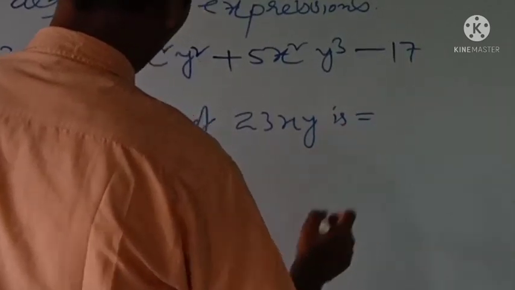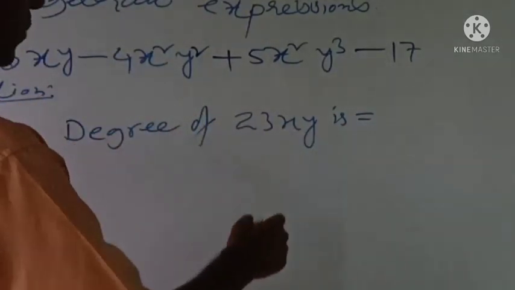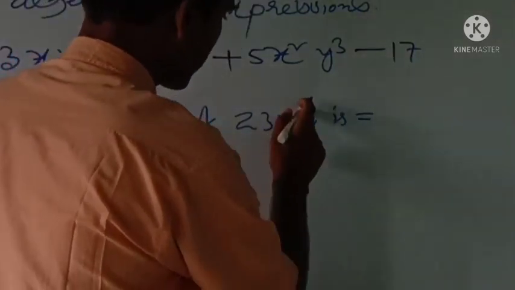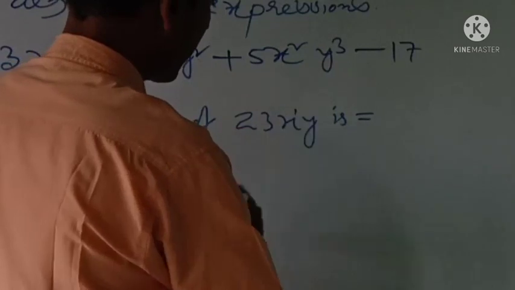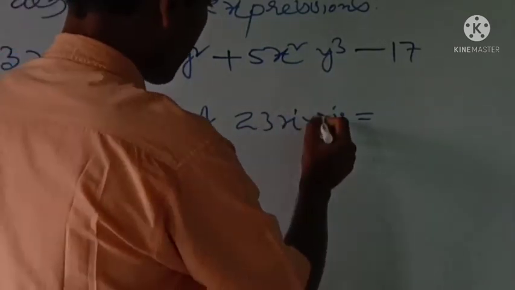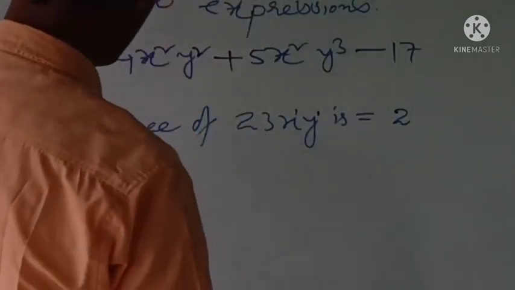Here we have two variables, first x, then y. Power of x here, no power means 1. Above y also no power, so power of y is 1, so 1 plus 1, 2. Degree 2.